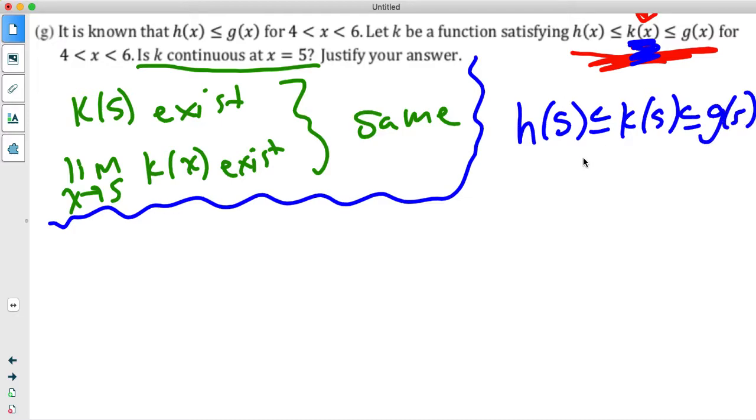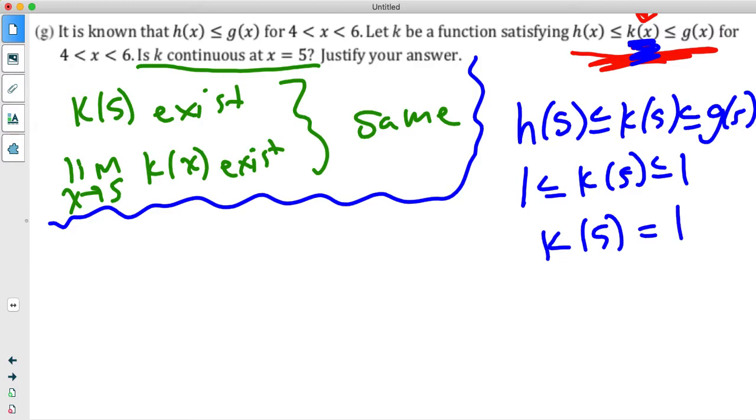Now we know information about h of 5 and g of 5. h of 5 is 1, and also g of 5 is 1. So if 1 is less than or equal to k of 5 is less than or equal to 1, that means that k of 5 has to be equal to 1. All right. So we just did that first part. We just showed that k of 5 exists, and we just showed that it is equal to 1.